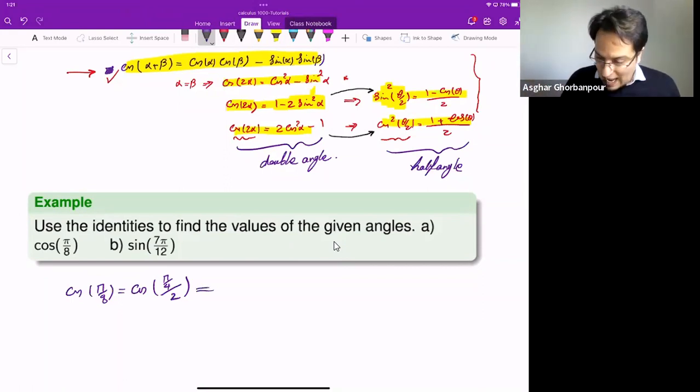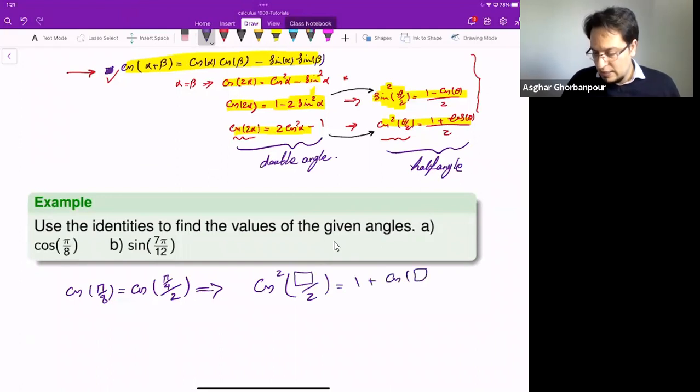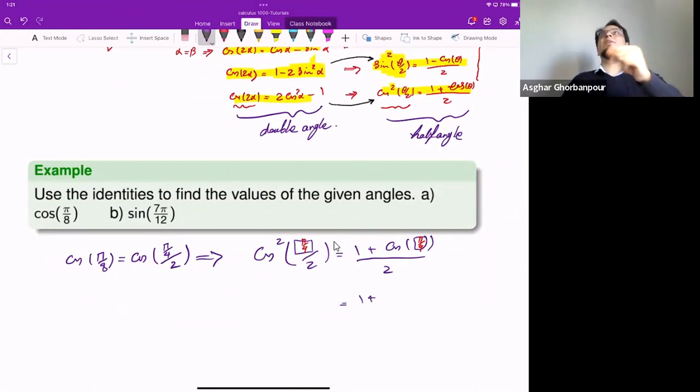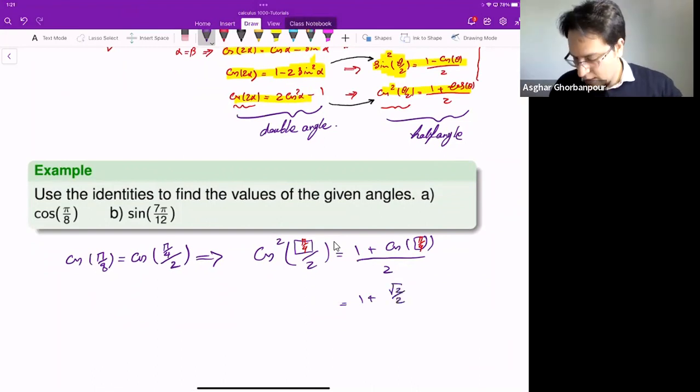If I use the half angle formula, I know that cosine squared of theta over 2 is equal to 1 plus cosine of theta, divided by 2. So if I have pi over 4 there, the right-hand side tells me that, oh look, cosine of pi over 4 is one of the special angles, and that's root 2 over 2, divided by 2.